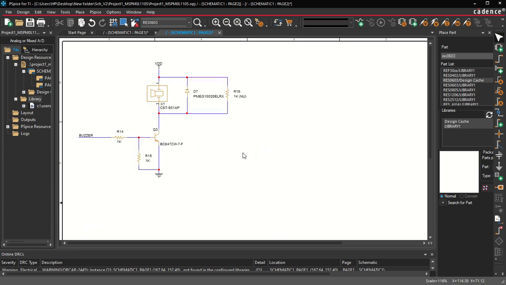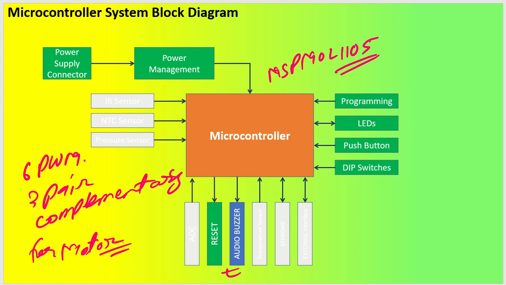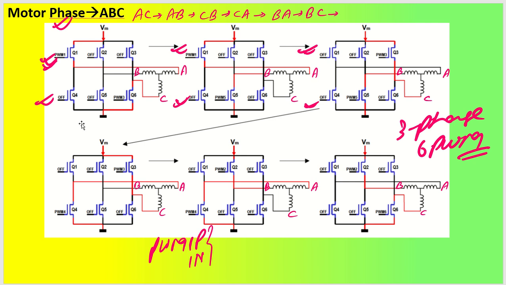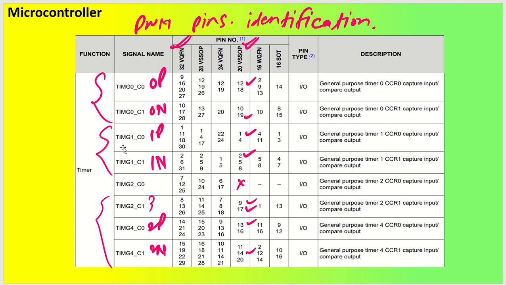Now let us do the PWM for this particular motor drive. So we will try to identify. Let us say I have taken this PWM in complementary mode and I have assigned PWM 0P, 0N, that is the complementary first pair, then the complementary second pair and the complementary third pair.